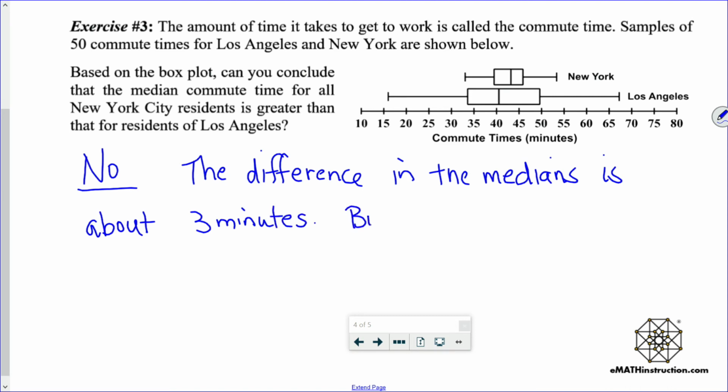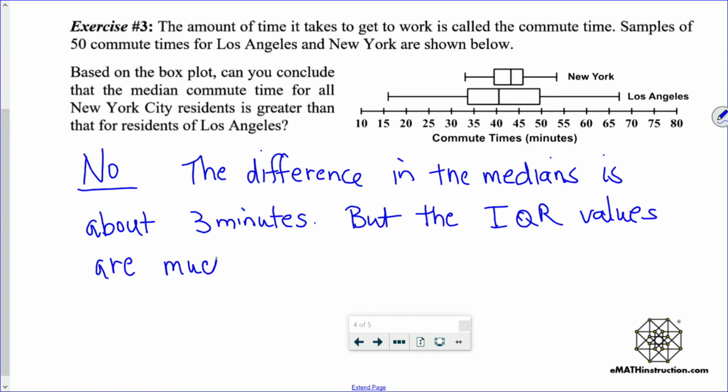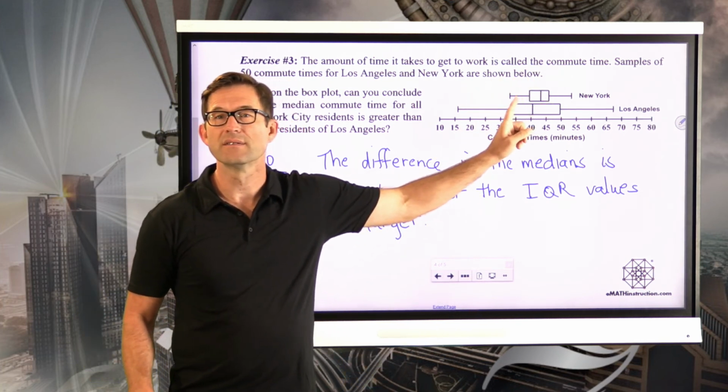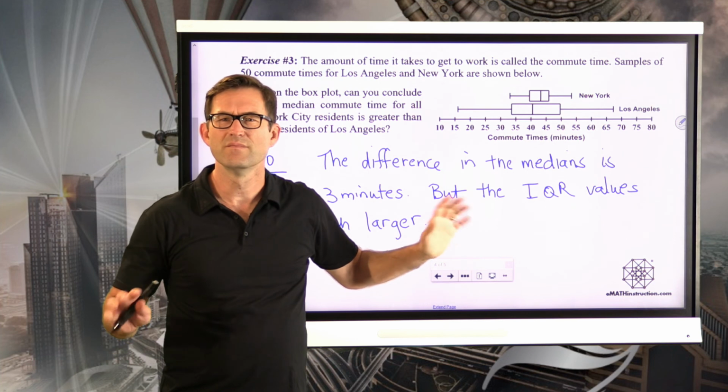But the IQR values are much larger, and they're very different. The IQR value for New York City residents is about 6 minutes, give or take.